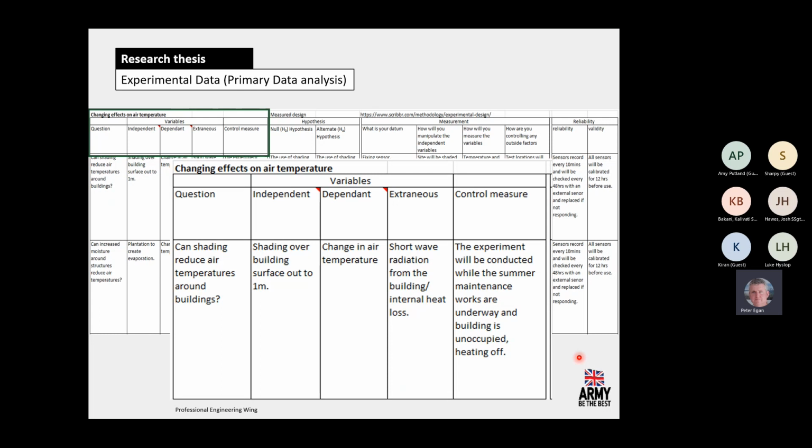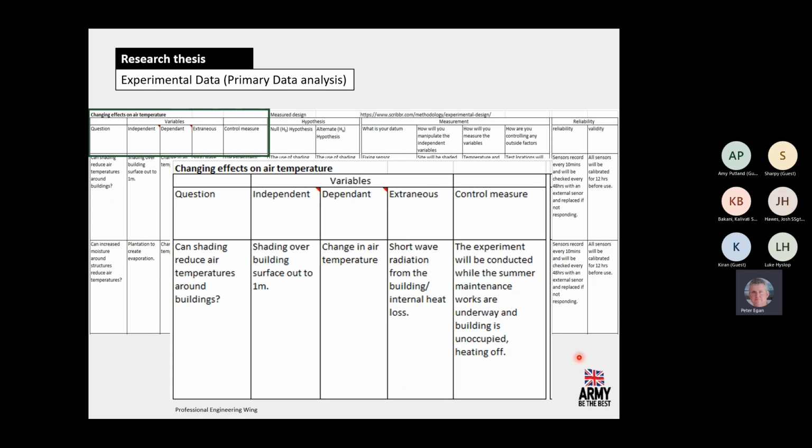The thing I changed was I put one of the sensors in the shade, a meter out from the surface of the building. Okay. What did I expect that to cause, which is the dependent? So the independent is the thing I've changed. The dependent is the effect I expect to get from that, which is to change the air temperature because it's in the shade. But within that experiment, what can't I change?